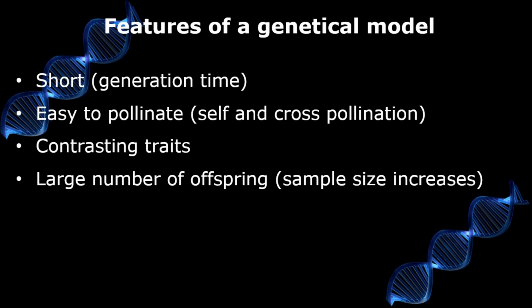It can be self-pollinated or cross-pollinated. The third one is the contrasting trait. As these traits are contrasting, the mixture of these traits in the next generation can be easily recognized. The last factor is a large number of offspring. The large number of offspring increases the sample size.